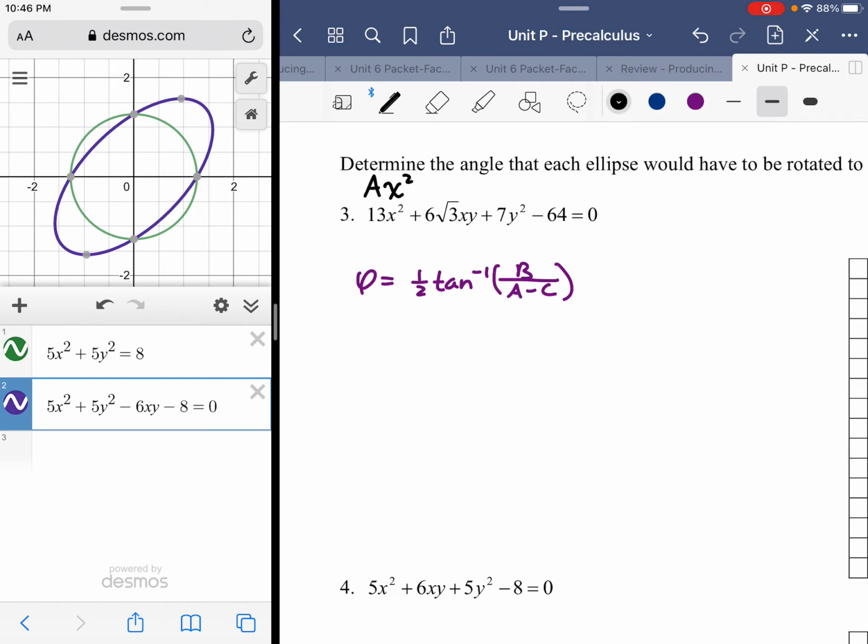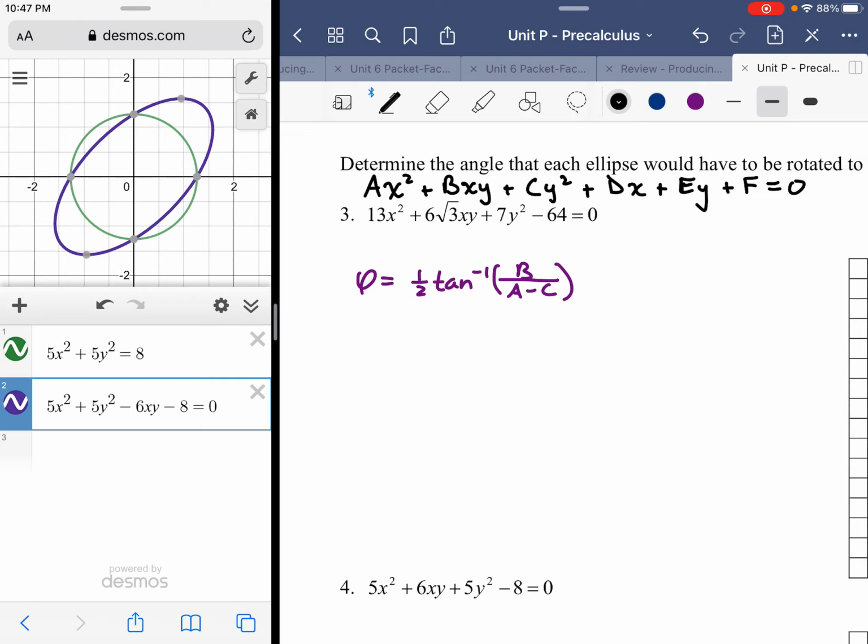So just remember that it's ax squared plus bxy plus cy squared plus dx plus ey plus f equals 0. That's the general form. With the bxy indicating that there's some sort of rotation going on.